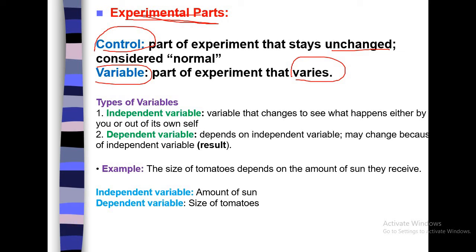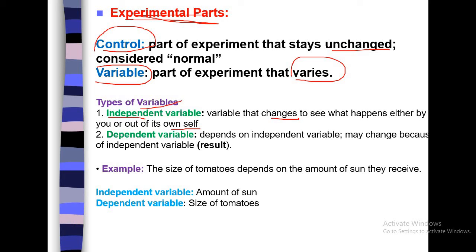We have 2 types of variable, independent variable and dependent variable. Independent variable is the variable that changes to see what happens, either by you or on its own. So this is called independent variable.